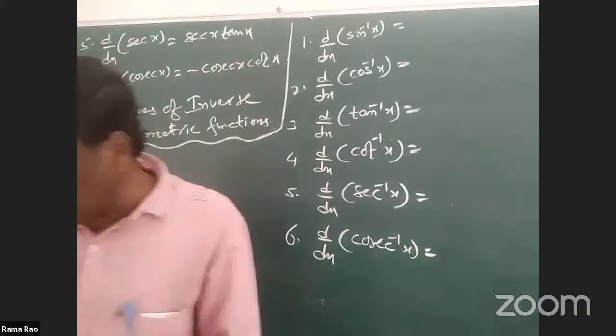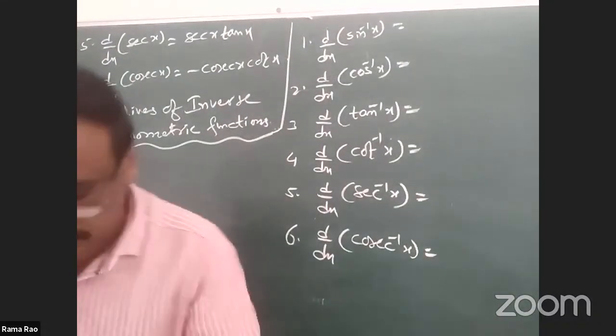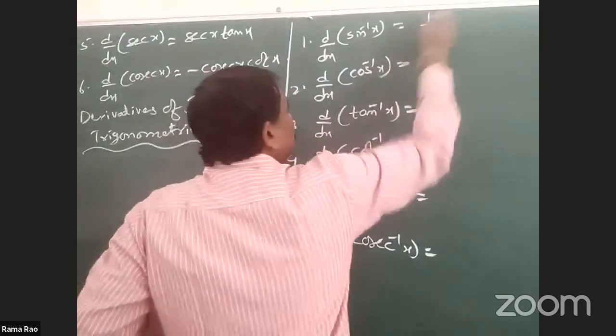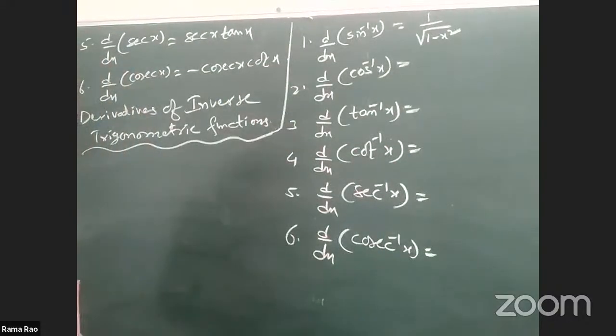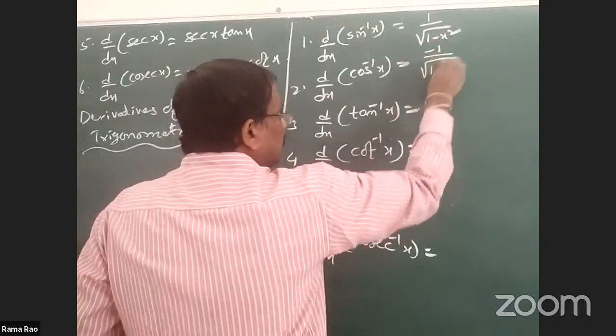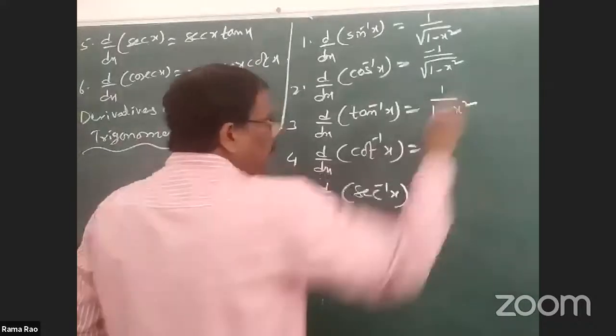d by dx of sin inverse x is 1 by under root of 1 minus x square. Cos inverse x, minus 1 by under root of 1 minus x square. Tan inverse x, 1 by 1 plus x square.